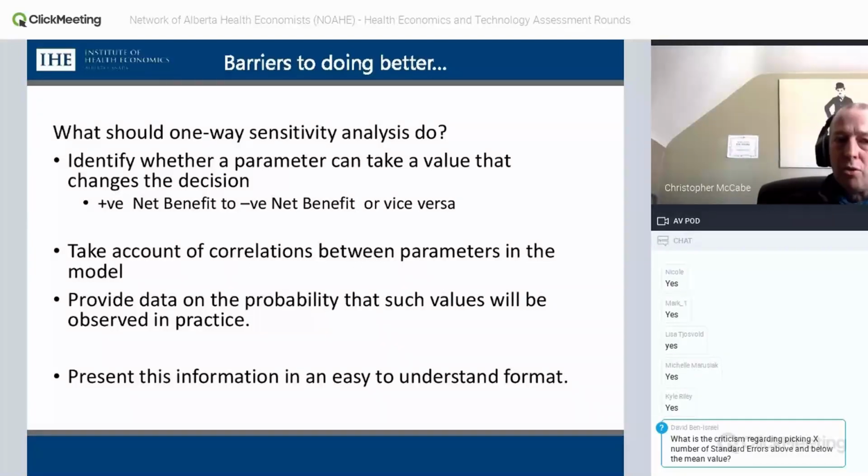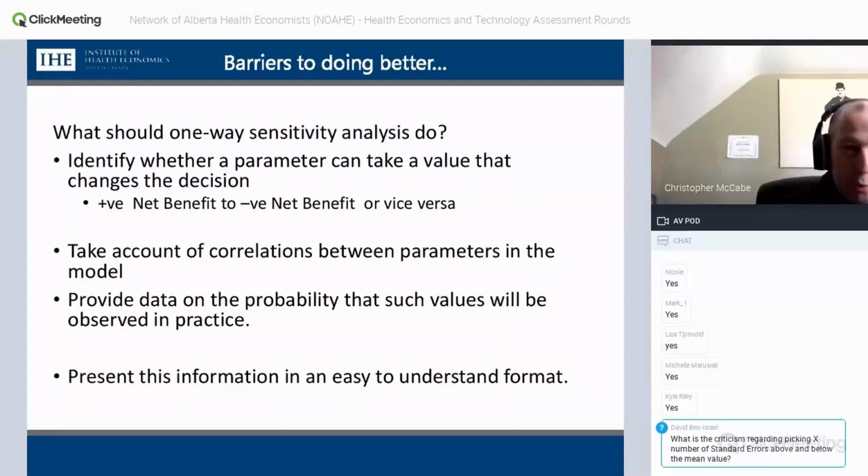So what should one-way sensitivity analysis do? In our paper, we argue that to identify whether a parameter can take a value that changes the decision, so to move the result from a positive net benefit to a negative net benefit, or vice versa. So it's about decision uncertainty. It's not sensitivity of the result, it's sensitivity of the decision that we're really trying to address with one-way sensitivity analysis.